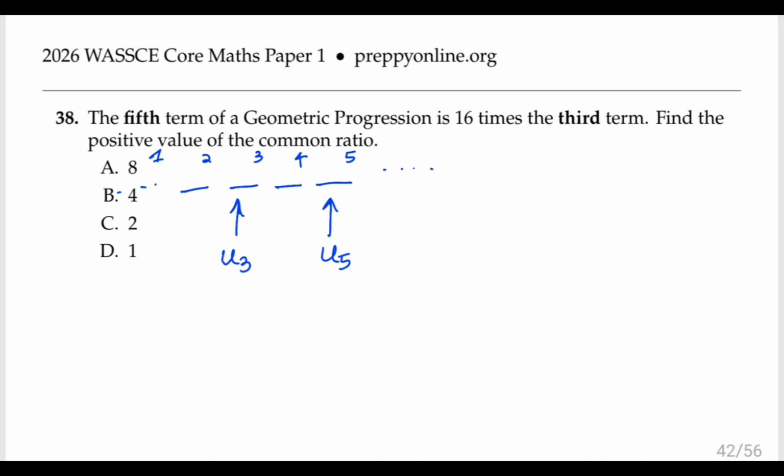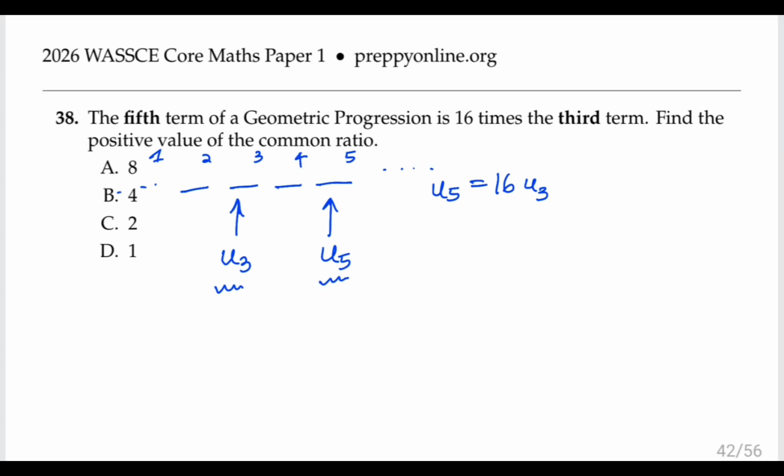Now we are told that this fifth term is equal to 16 times the third term. So we can write that U5 equals 16 times U3. Well, what do we know about geometric progressions?